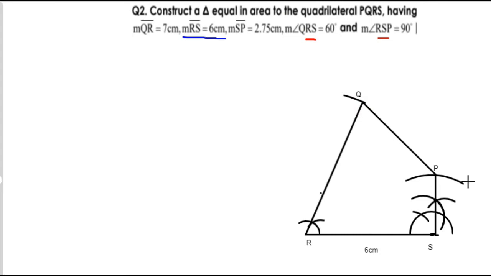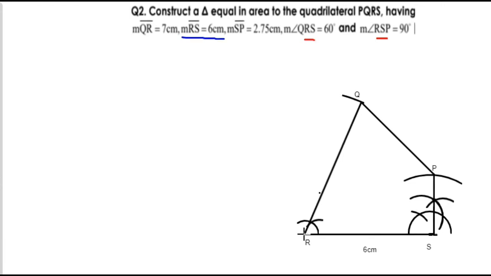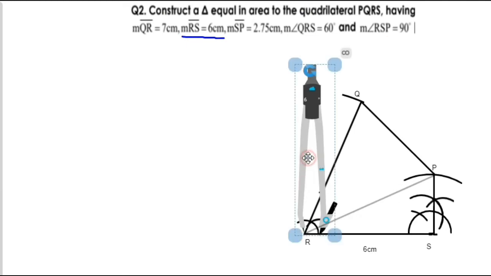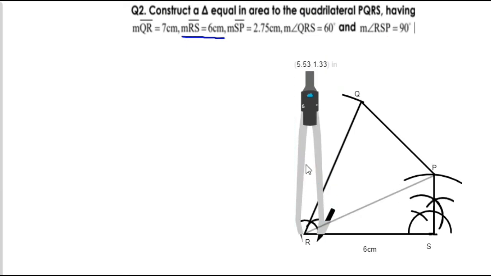PQRS. Fine. Now we are going to construct a triangle that will be equal in area to this quadrilateral PQRS. Now I am going to join P with R. We have to draw a dotted line from P to R. We have to set our compass on R and take an appropriate distance, the same distance we have taken before.